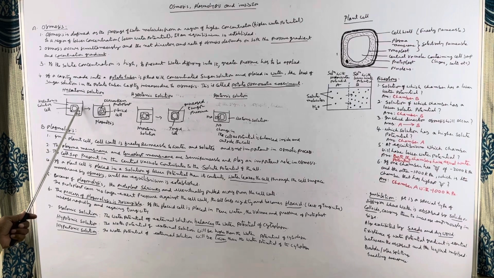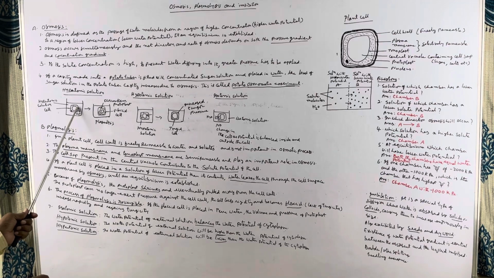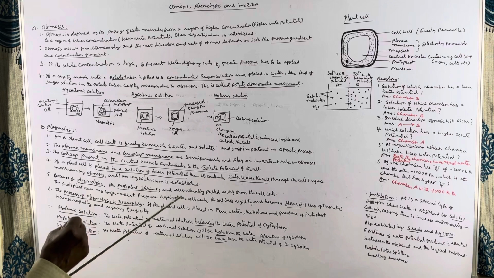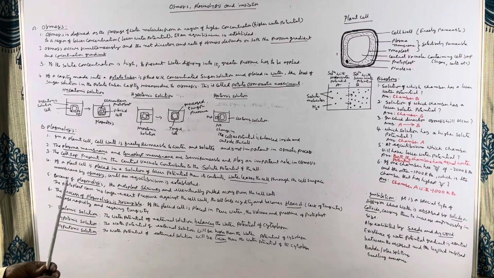Again, the water potential of the cell is more than the water potential of the surrounding fluid. As more and more water leaves the cell, what happens? The protoplast shrinks in size and it is not in a position to exert any pressure on the cell membrane.